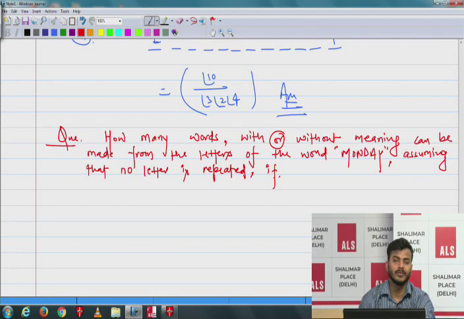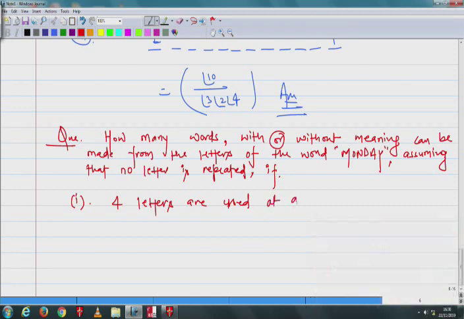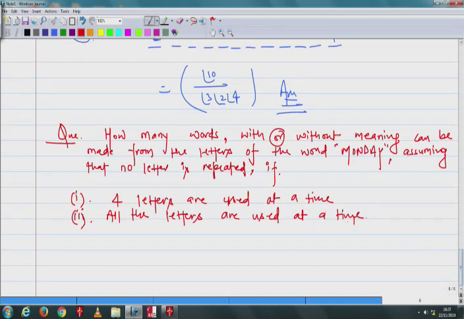Now we have some cases. First, 4 letters are used at a time. Second part is, all the letters are used at a time. So this is the question.